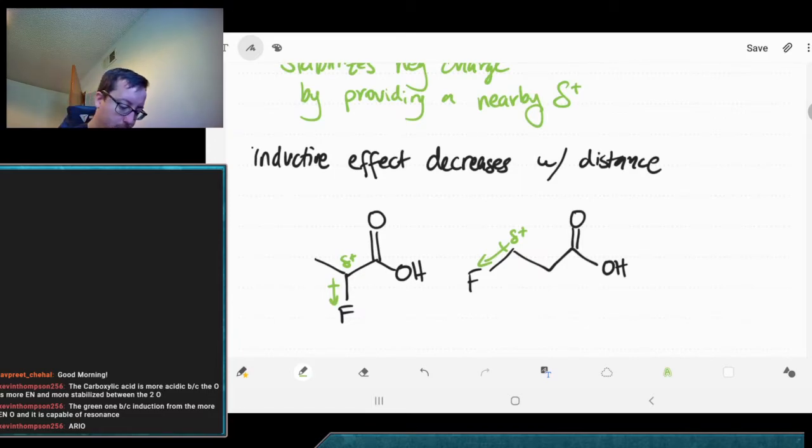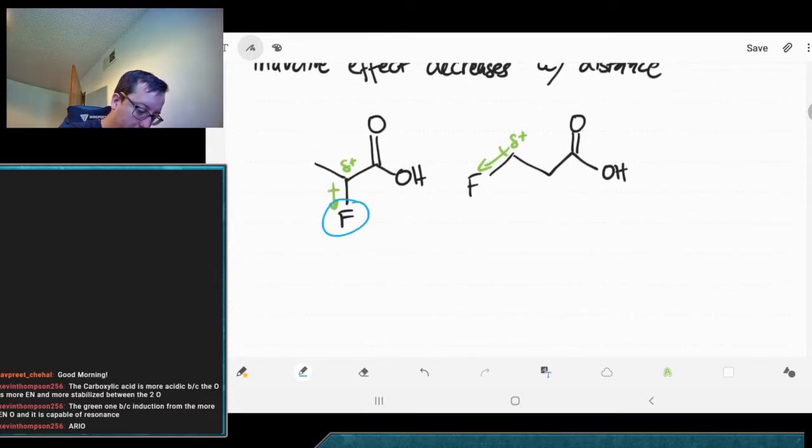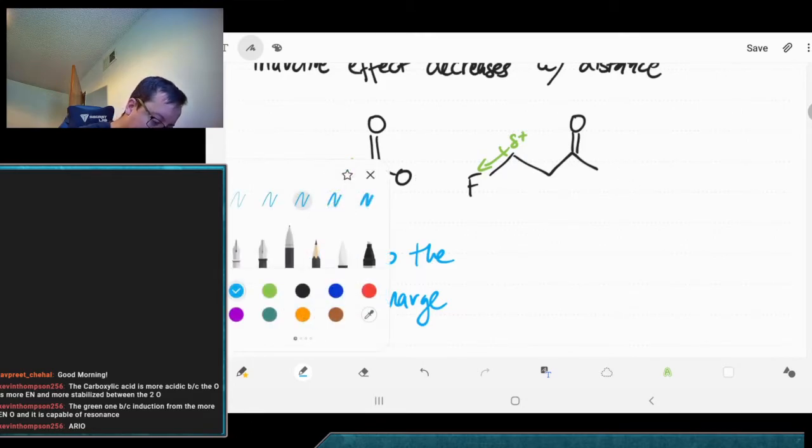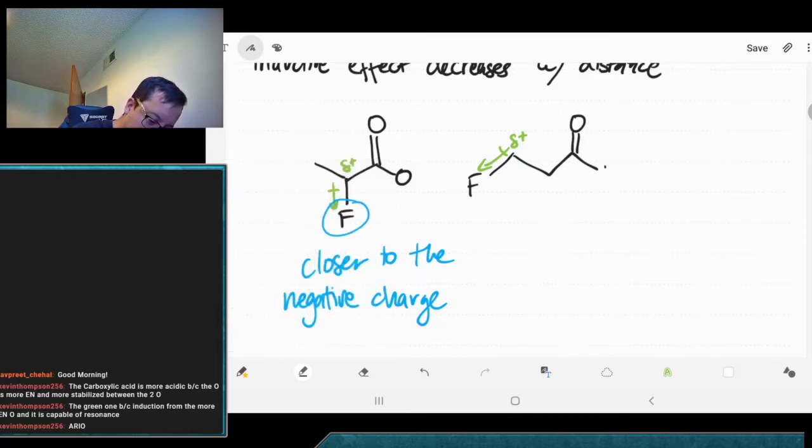But we're going to see this one is closer. Again, I'm drawing the acid form, but I really should be drawing the base because we are always comparing the base. Let's redraw these. And I'm not going to draw it resonated this time because why not? I can do it either way.